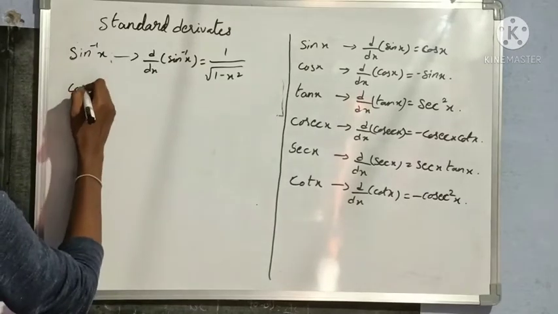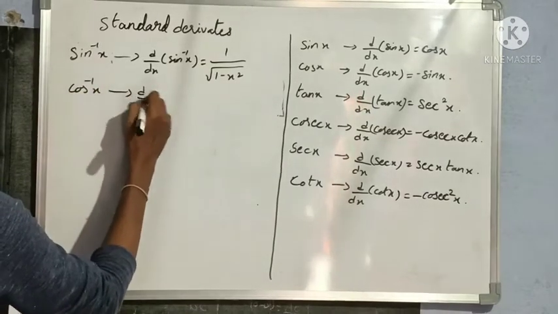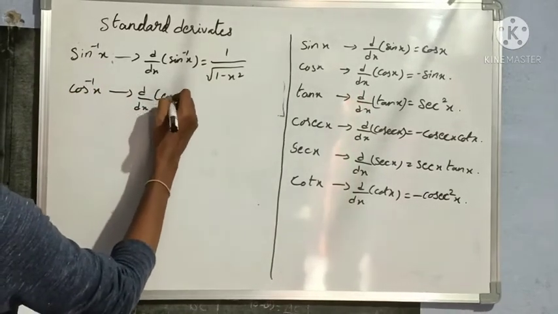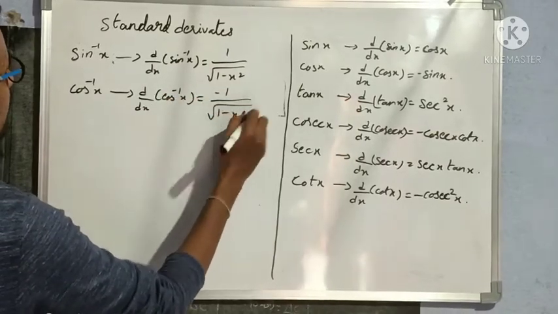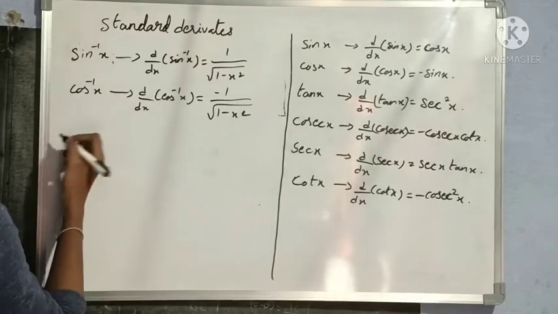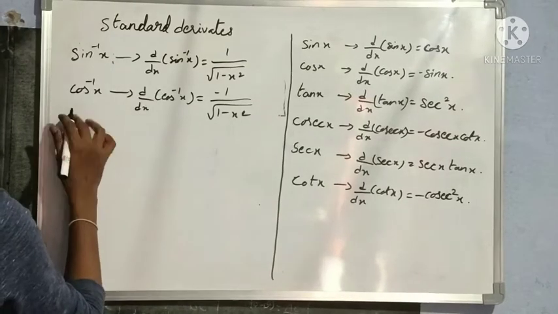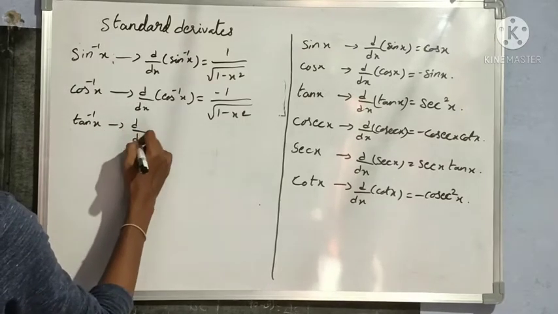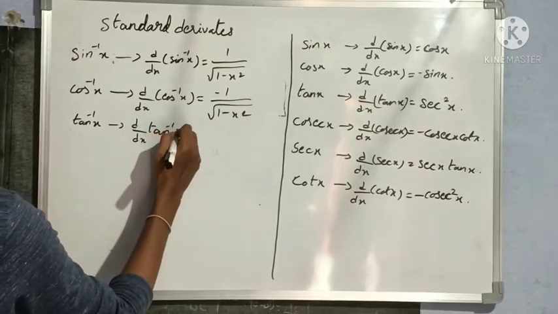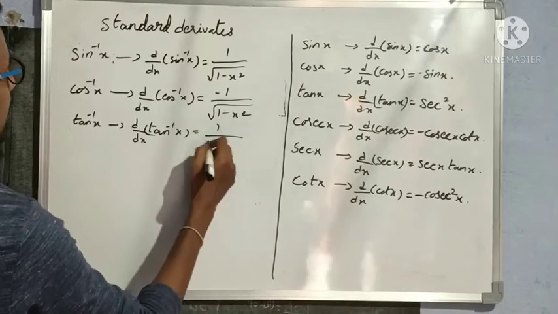Cos inverse x: d by dx of cos inverse x is equal to minus 1 by square root of 1 minus x square. Next, tan inverse x: d by dx of tan inverse x is equal to 1 by 1 plus x square.